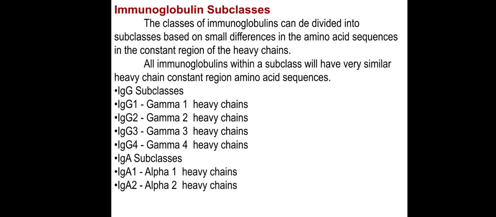In immunoglobulin G you can see 4 subtypes: immunoglobulin G1, G2, G3 and G4, that is gamma 1, gamma 2, gamma 3 and gamma 4 heavy chains. Under immunoglobulin A there are 2 subclasses, immunoglobulin A1, the alpha 1 heavy chain, and immunoglobulin A2, the alpha 2 heavy chain.